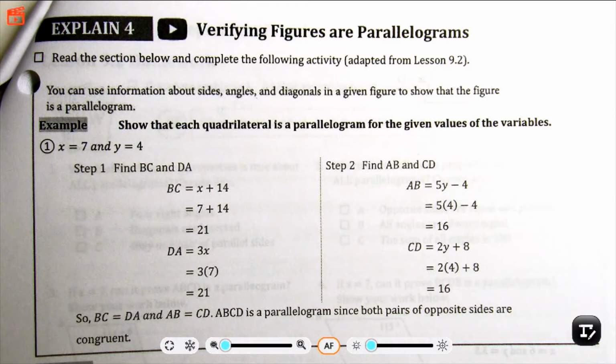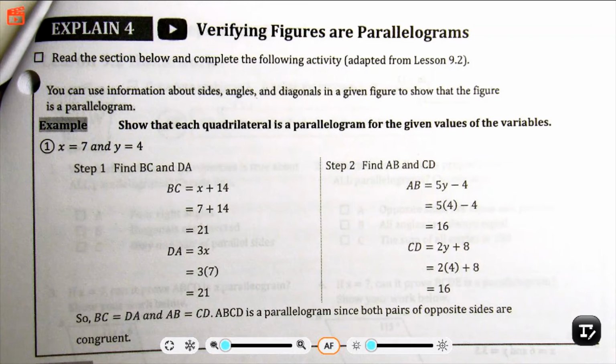So angle F is 118 degrees. Then we do the same thing for angle H. Angle H is 11Z, so 11 times 11 minus 3. And that is 121 minus 3, and that is 118 degrees.